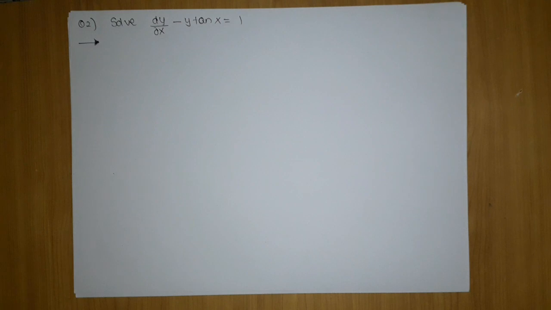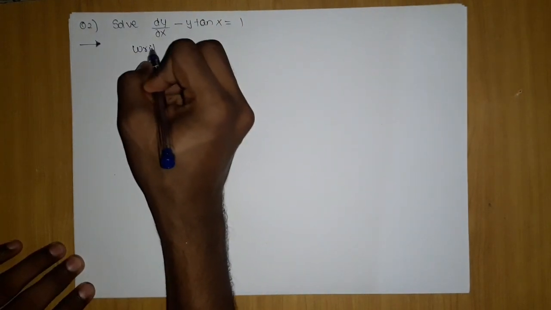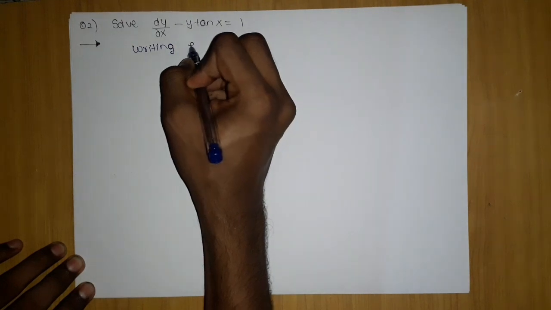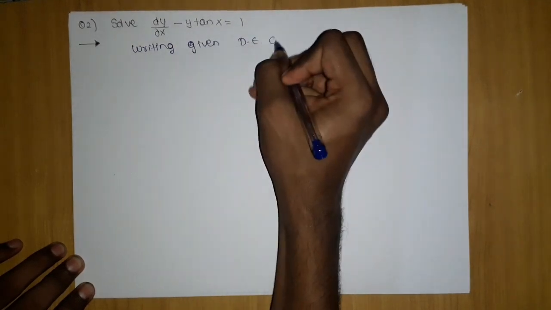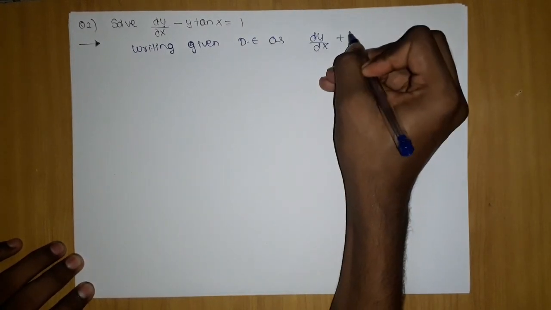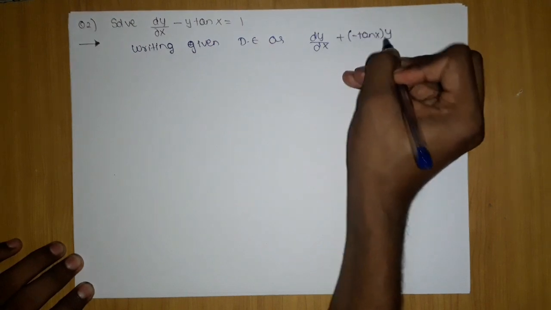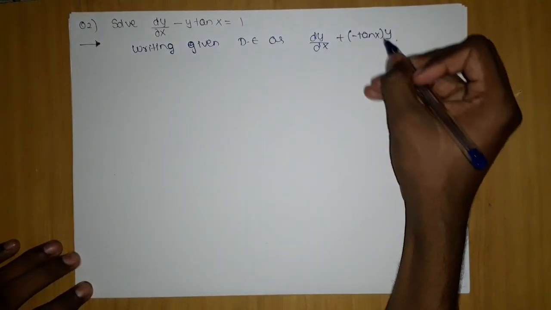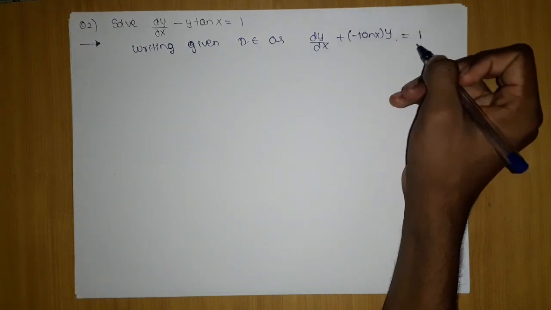Now the things which we have to keep in mind while identifying these types of problems, whenever they appear: the first step is writing the given differential equation as dy by dx plus, sorry, minus tan x into y equals 1, that is, independent variable on the right side.